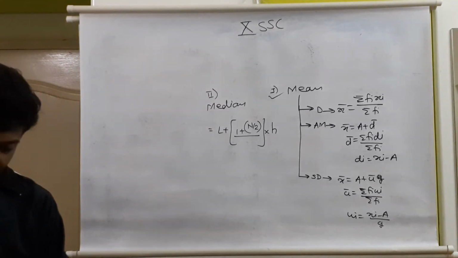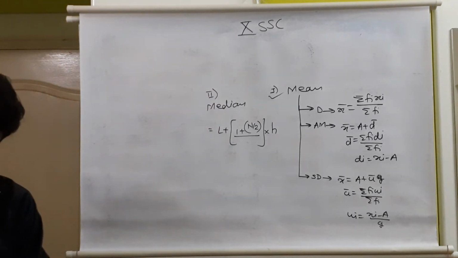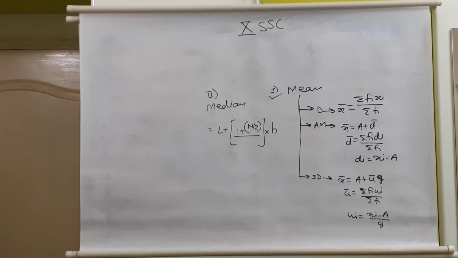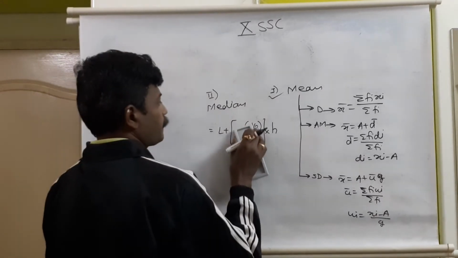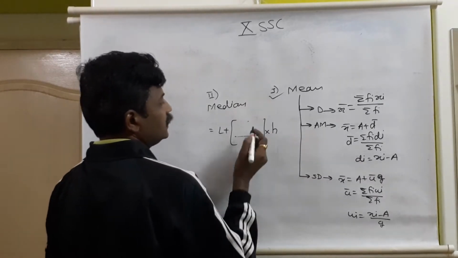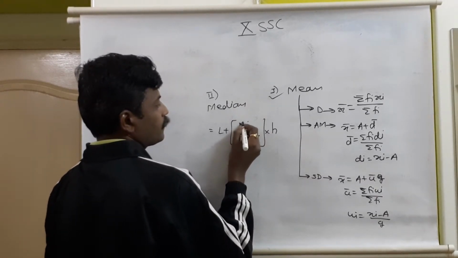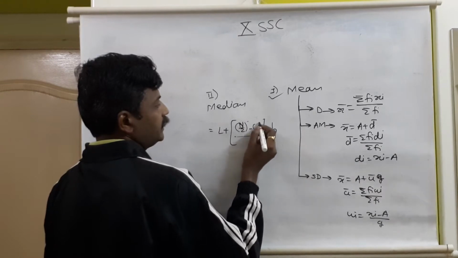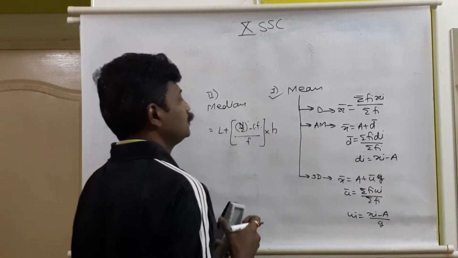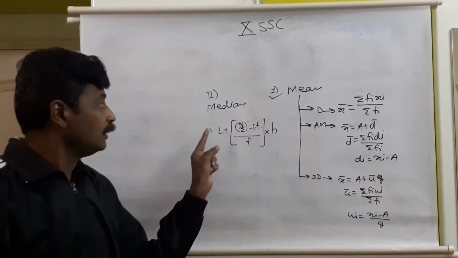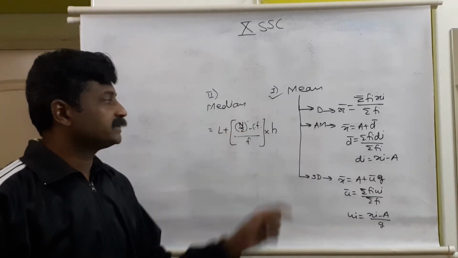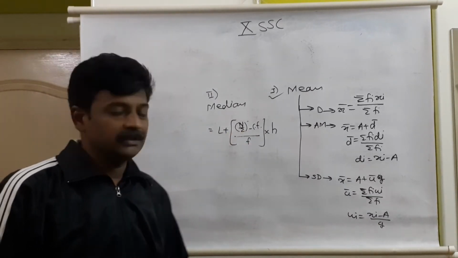So by that rule, median is equal to L plus n by 2 minus Cf upon F into H. That is, L plus n by 2 value minus cumulative frequency upon frequency, into H.